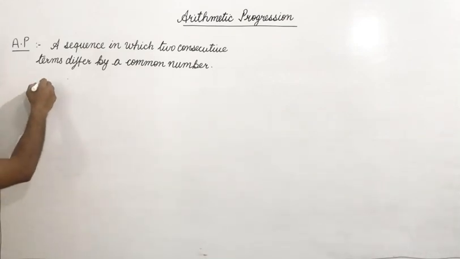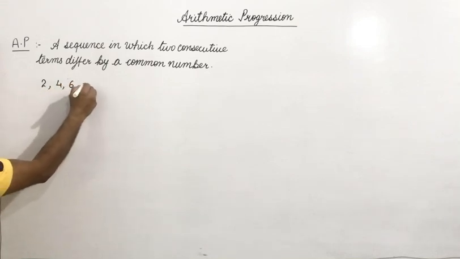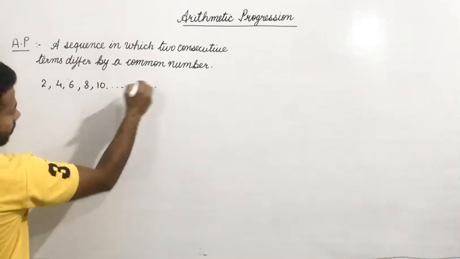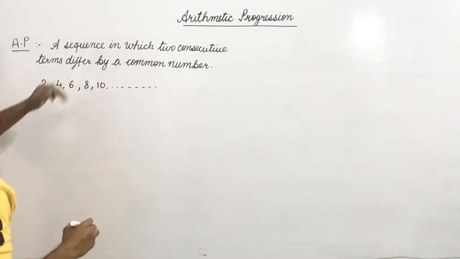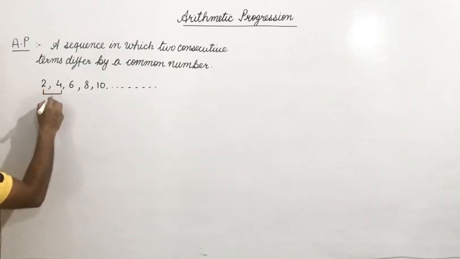For example, 2, 4, 6, 8, 10, and so on. This is also a sequence. What is the difference between these two consecutive terms? It is 2.